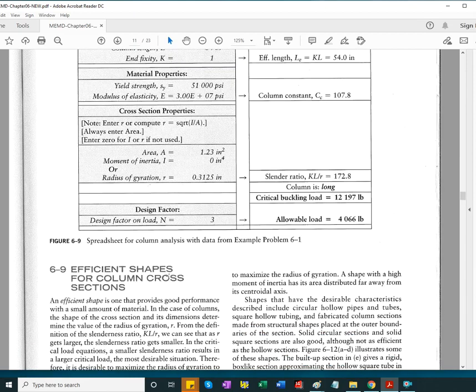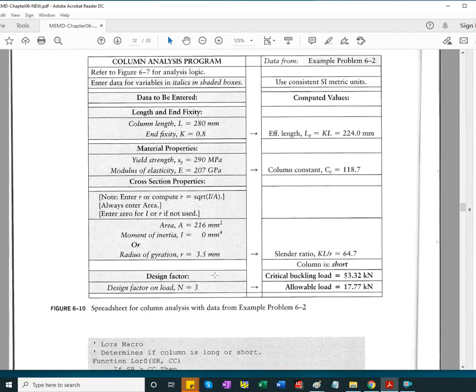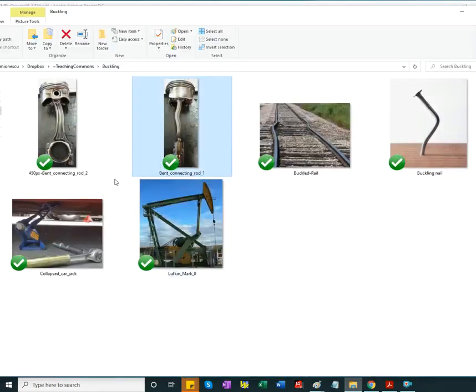In terms of efficient shapes for columns, cross-sectional shapes, of course you need to associate them with the type of end supports, and I'm going back to these two figures, and you saw, because of the end fixity coefficients being different for buckling in the transverse plane versus buckling in the longitudinal plane of the engine.